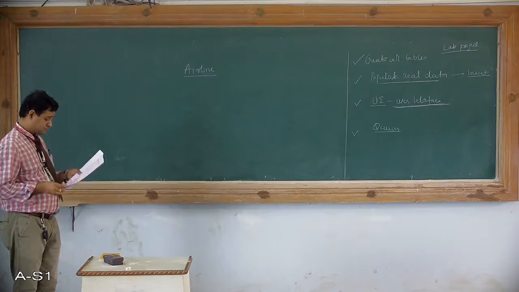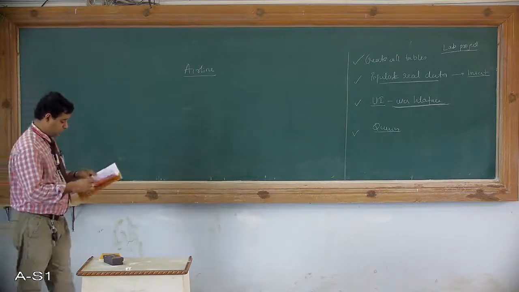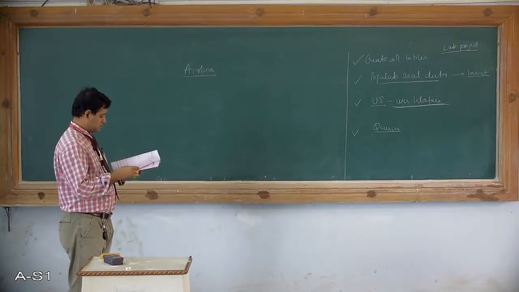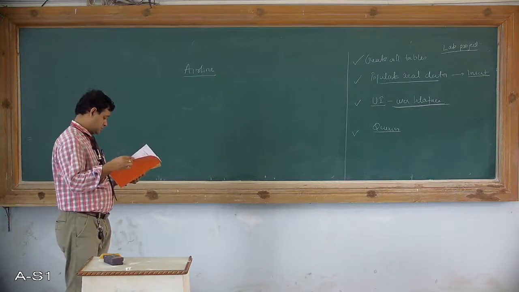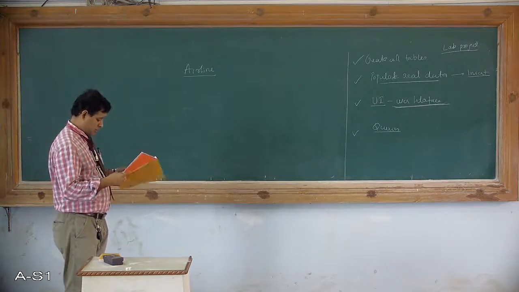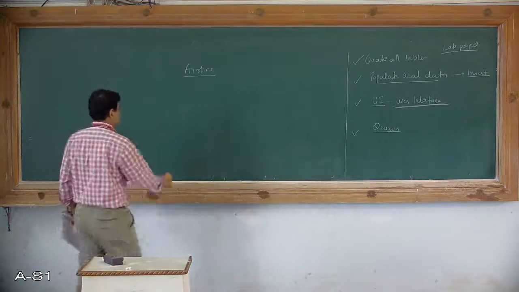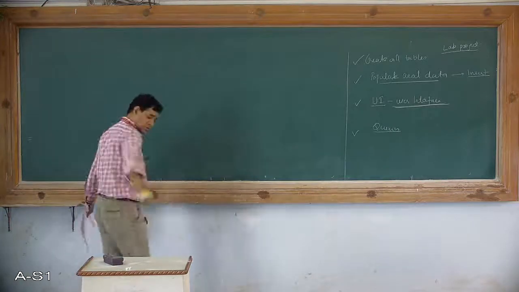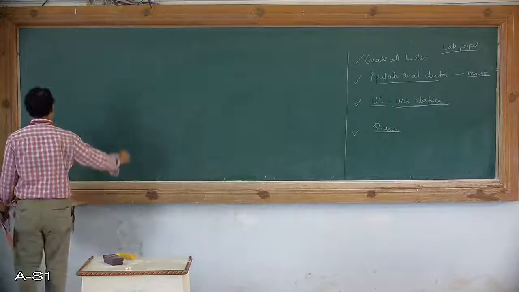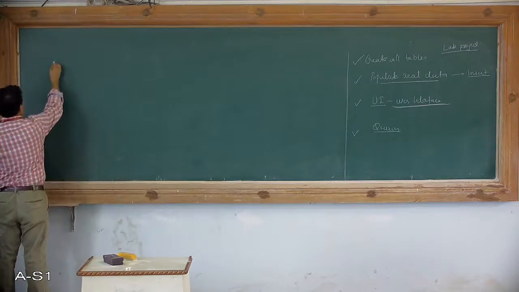Okay. So the fourth one is the order database. Let me explain this order database. It contains three tables. It contains the salesman table.